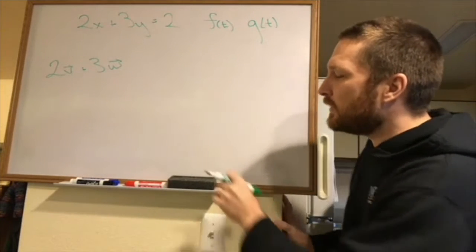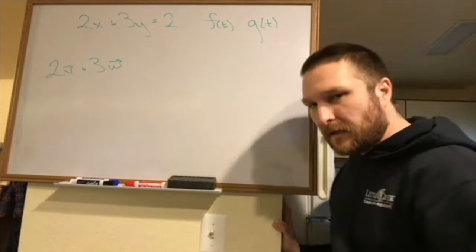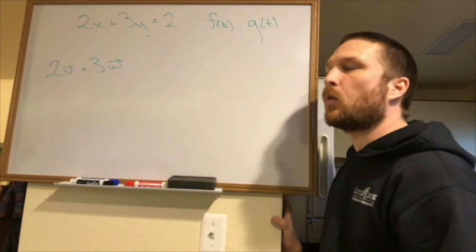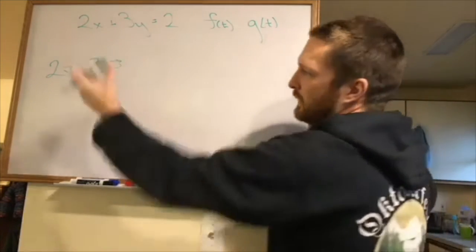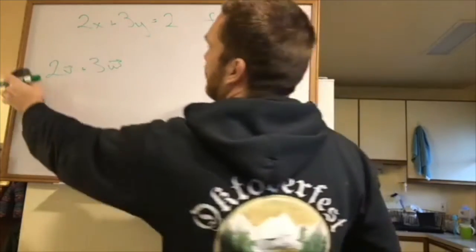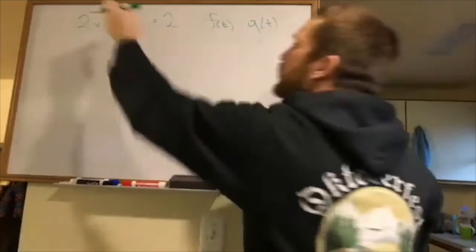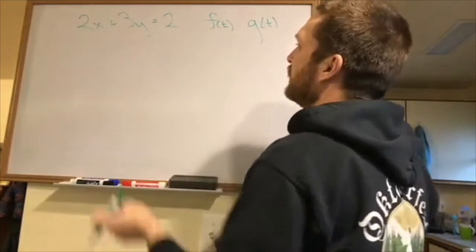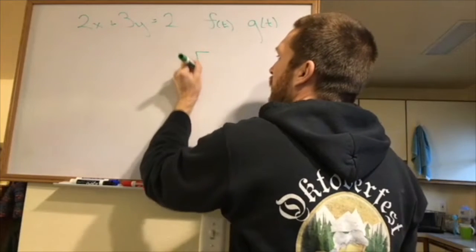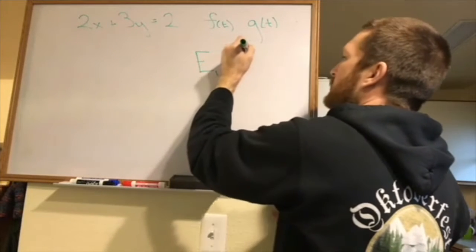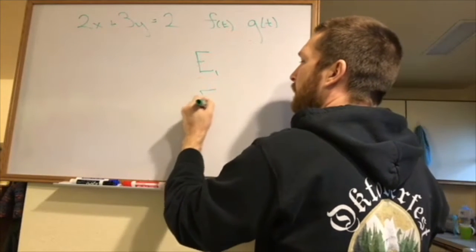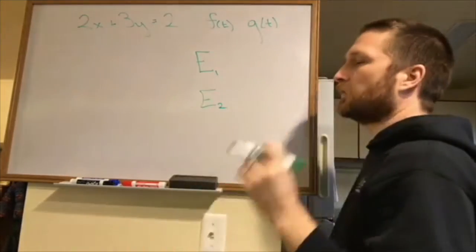What we're interested in right now are linear combinations of equations. In the same way that I took 2 times a vector plus 3 times a vector, or 2 times a variable plus 3 times another variable. Let's just real quick imagine we have 2 equations, E1 and E2, whatever it happens to be.